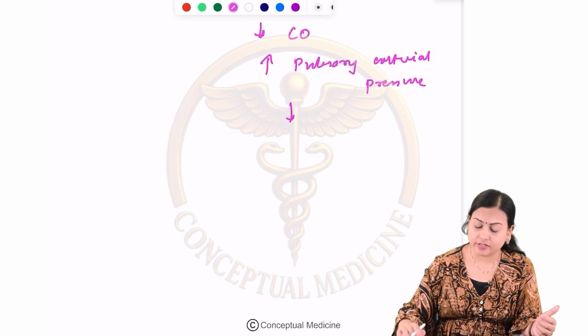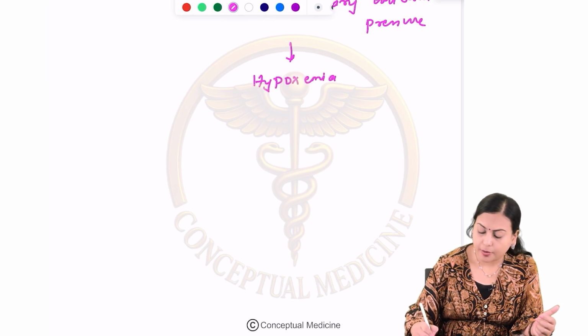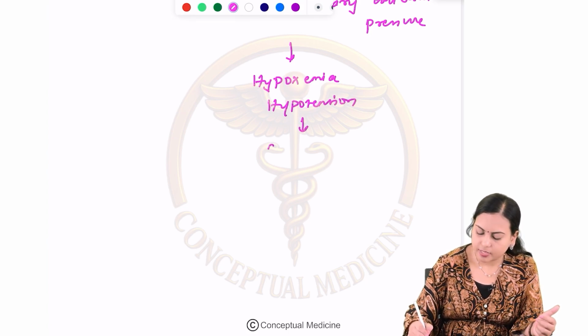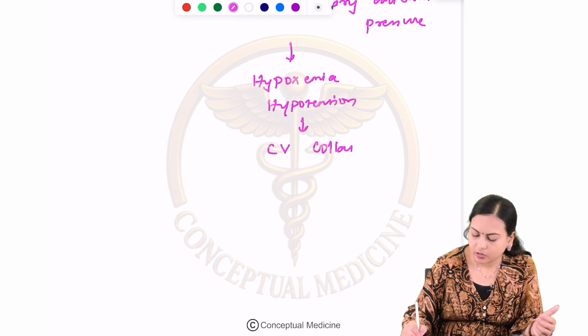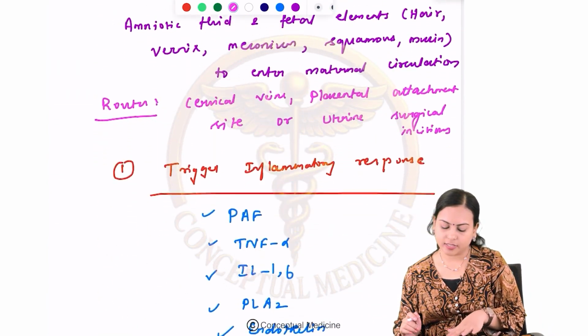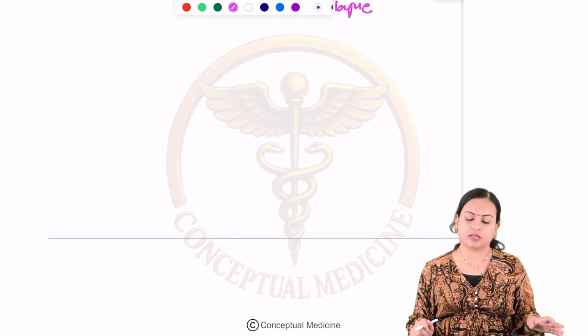So all these can result in hypoxemia, hypotension, and there will be sudden cardiovascular collapse. Can you understand? So these are the things that amniotic fluid embolism is going to cause. Clear? Yes.